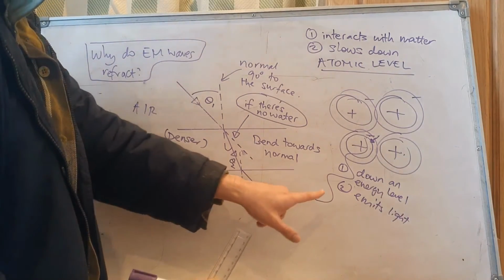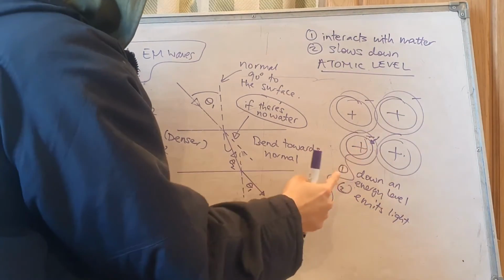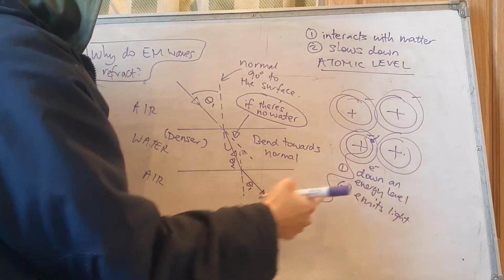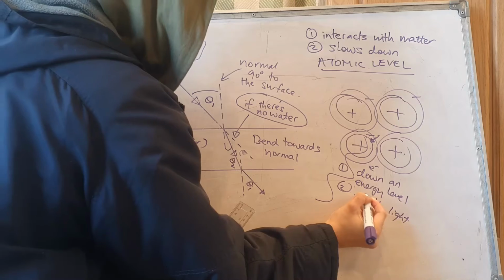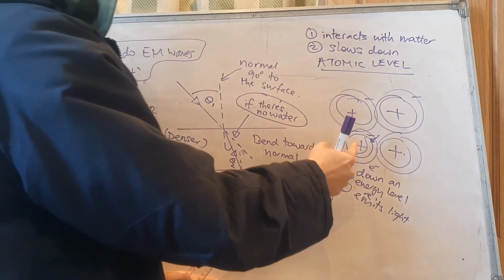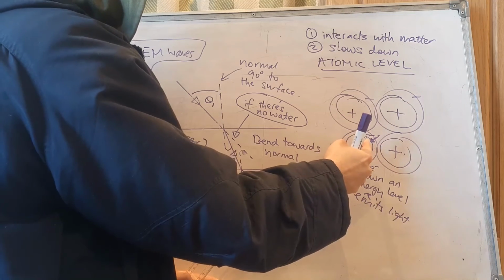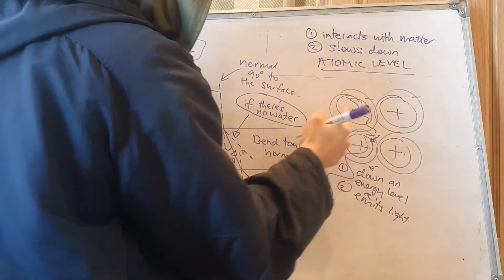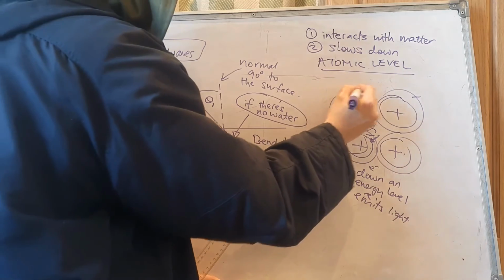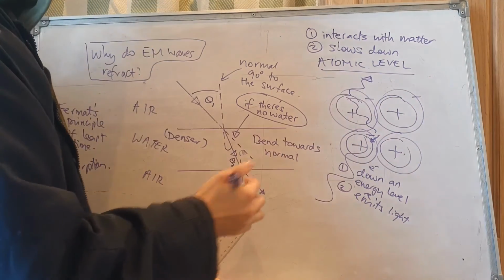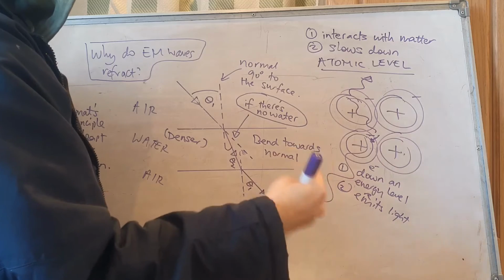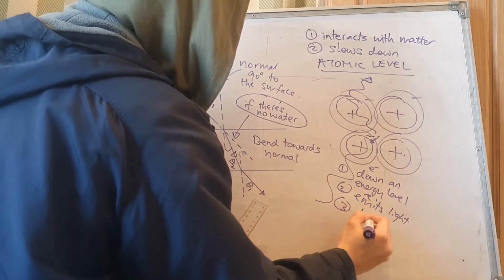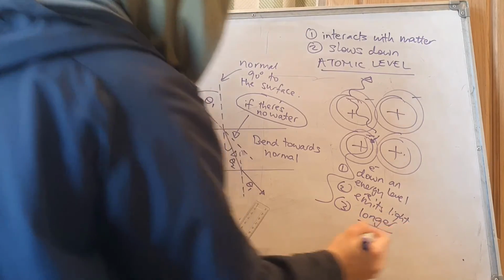Okay, so the original electromagnetic wave hits the electron, the electron goes down an energy level, and then it re-emits light. Then that light hits another one, and it happens again, and it re-emits light. Because it's constantly absorbing and re-emitting light, it takes time, so it takes longer.